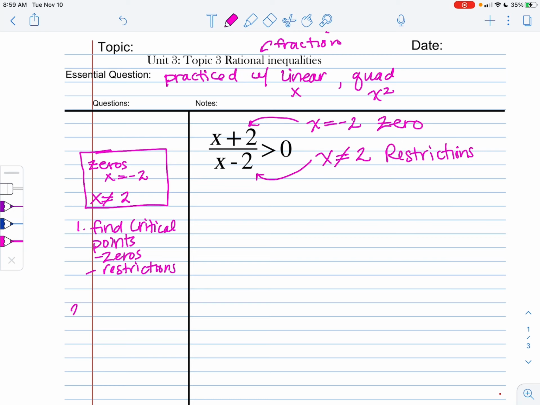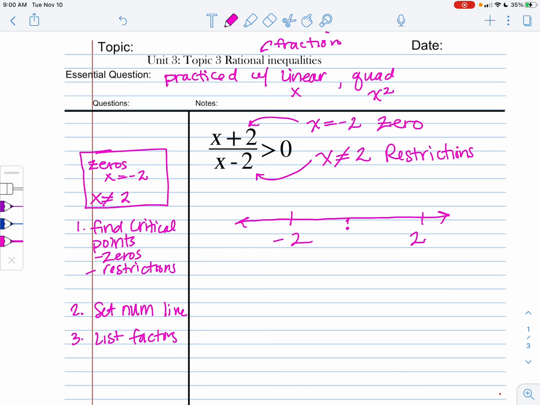Okay, step 2 is going to be to set up your number line. So just like we were doing with those quadratic inequalities, I have my number line, and then I'm going to put my critical points on it. 0 would be here, but we don't need it. Okay. Step 3 is going to be to list your factors.